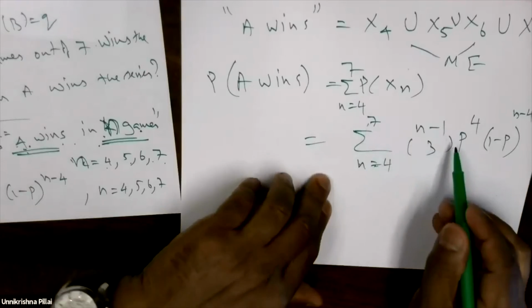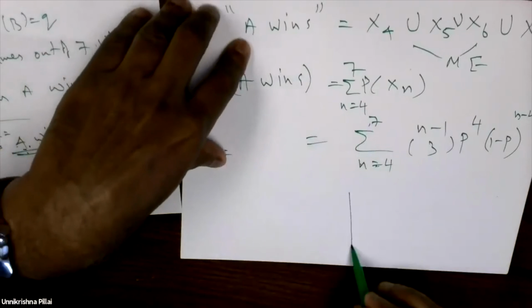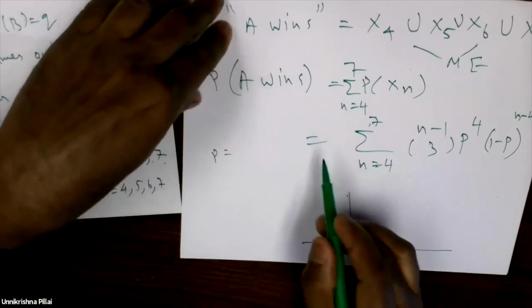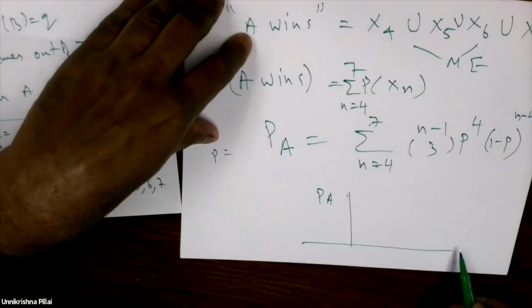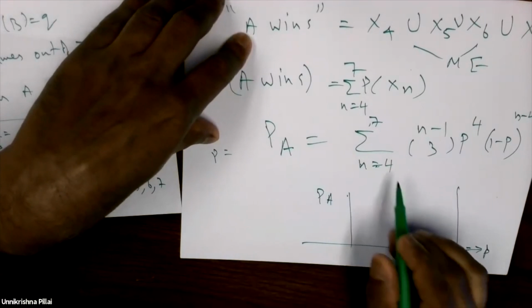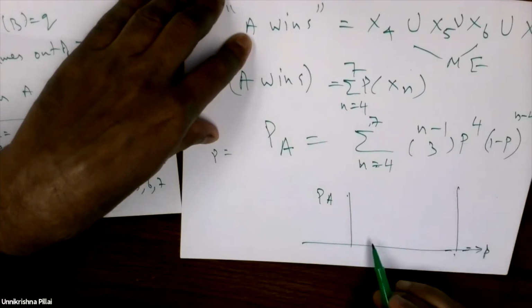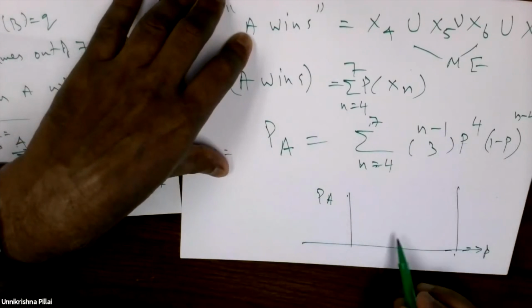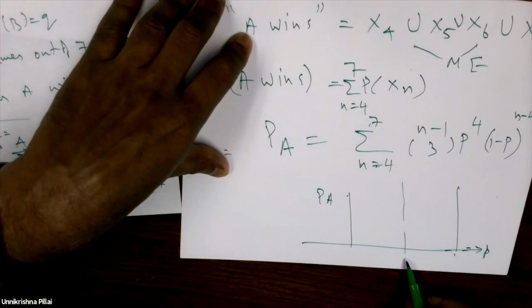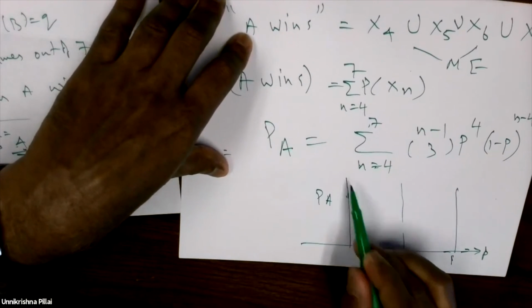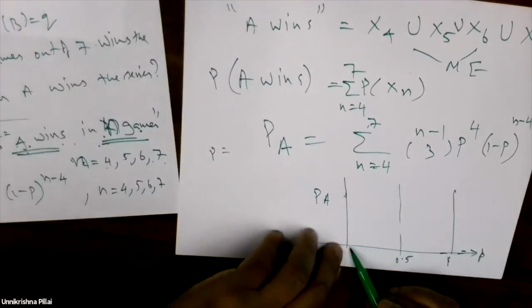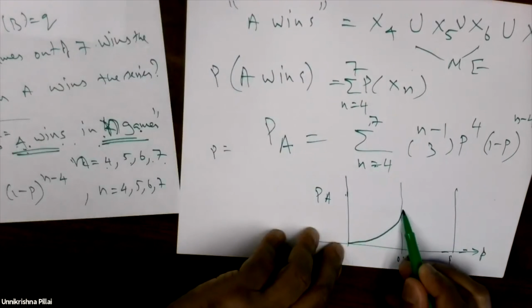So look, n equal to 4. Why don't you go home and do this? Let me call this probability PA. I want you to plot PA as a function of p. Remember, there's only one variable, p. So p goes up to 1. I'll tell you how it goes up qualitatively. If you play 7 games, it's going to go like this.